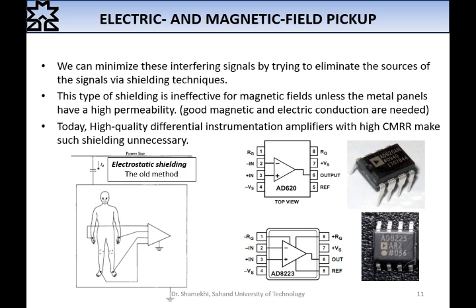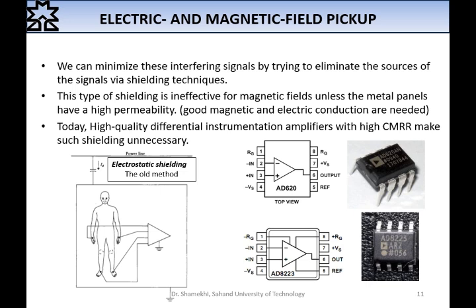As I told you before, we can minimize the interference of magnetic field by trying to eliminate the source of the signals via shielding techniques. This type of shielding is ineffective for magnetic fields unless the metal panels have a high permeability.